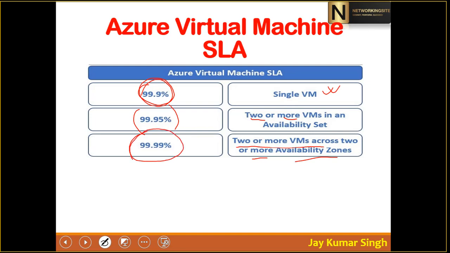So you have both options. Whatever you select, you will get your availability according to those SLAs. But most companies go with the third, last one.